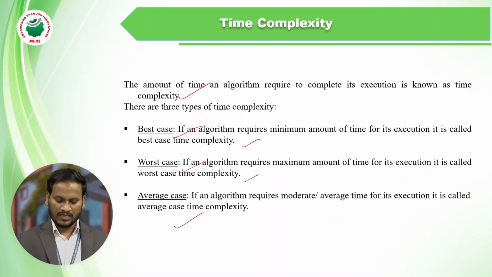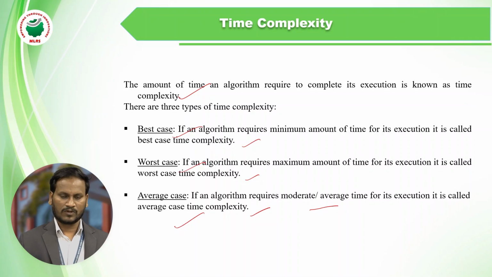And if an algorithm requires moderate or average time, it is called average case time complexity. By using these three parameters, we can calculate the performance of time complexity.